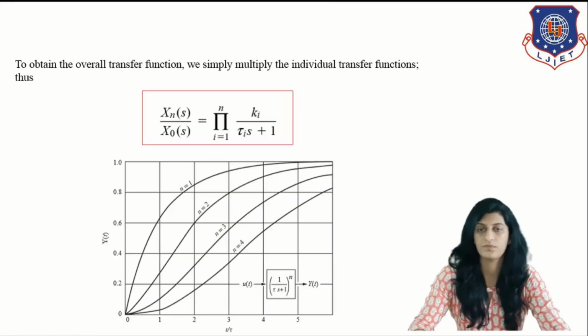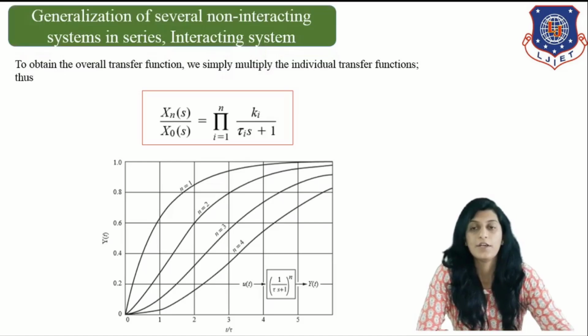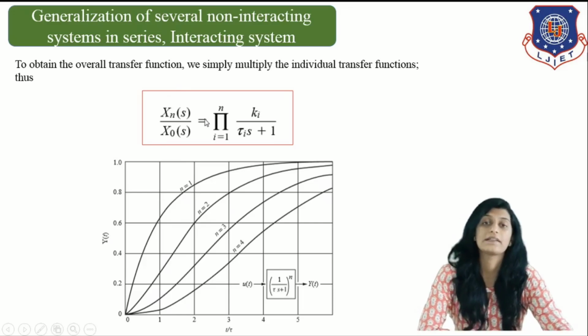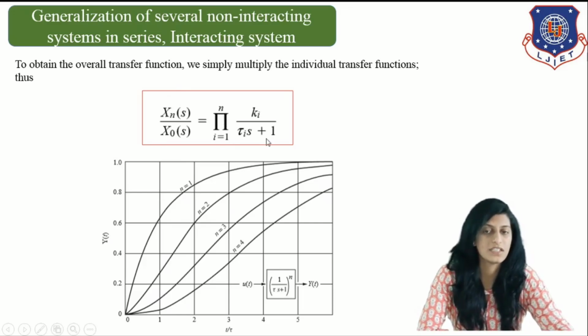Now, if we want to obtain the overall transfer function, we can simply write it in the integrated form, that is xn(s) by x0(s) equals the product for i equals 1 to n of ki upon tau i s plus 1.